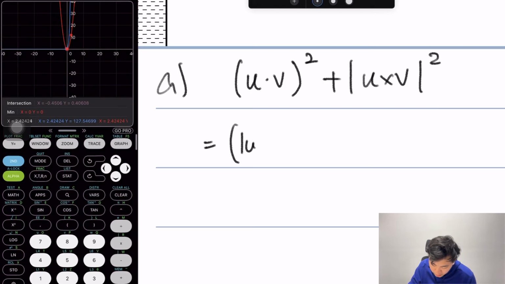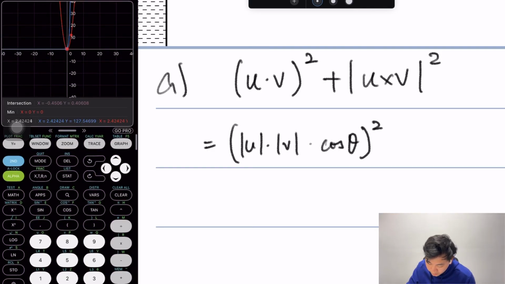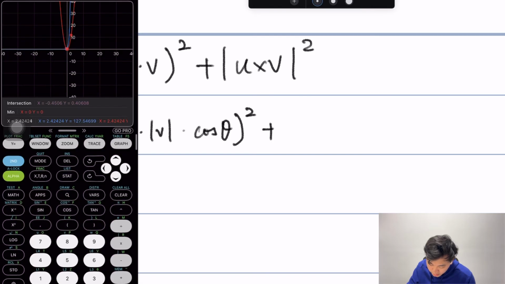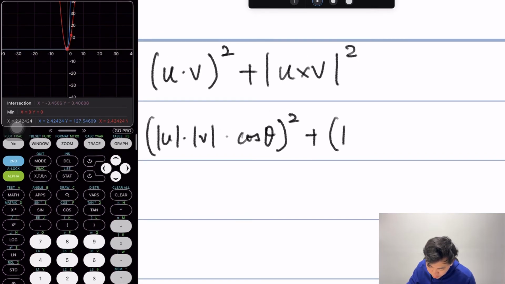So it means absolute u times absolute v times the cosine theta, close bracket, squared. And then plus what? This one, it's the absolute u times absolute v times the sine theta, close bracket, squared.